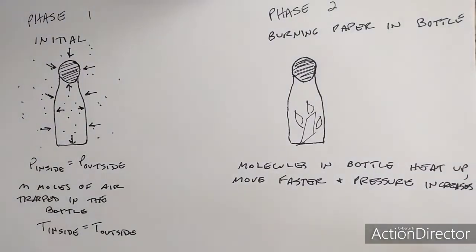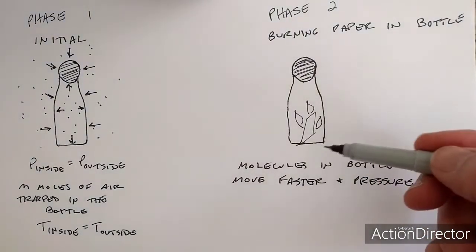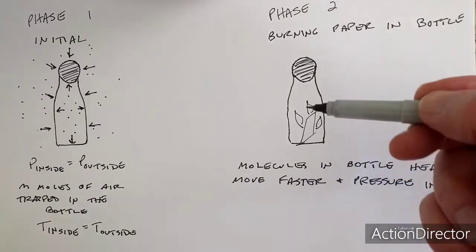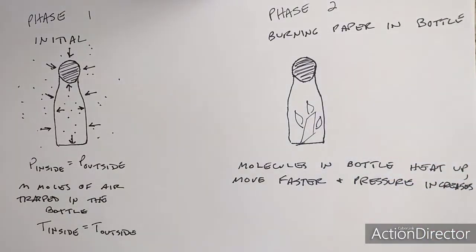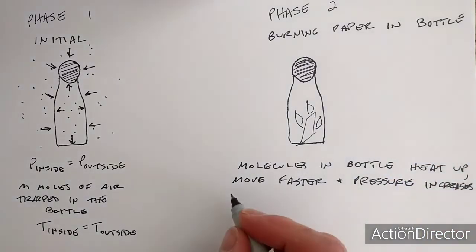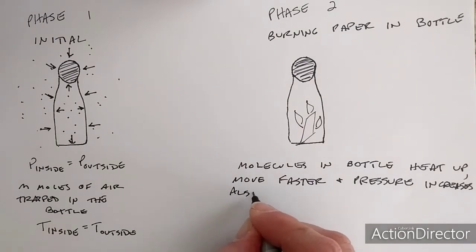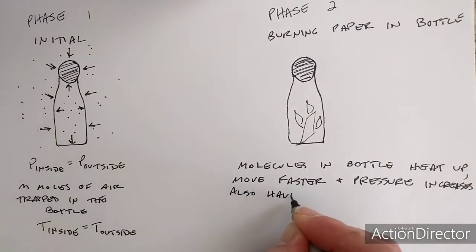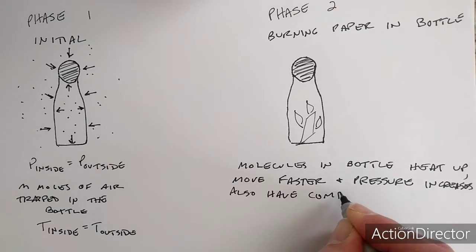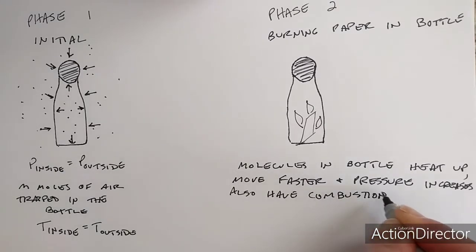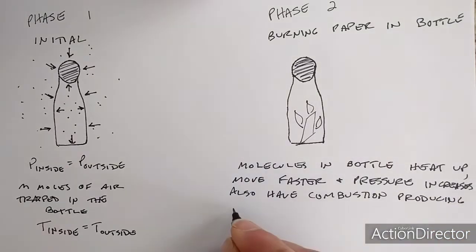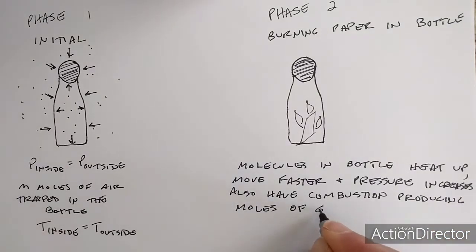We also have a combustion reaction happening. Our solid paper is producing some carbon dioxide gas and some water vapor gas. So we also have combustion producing moles of gas.